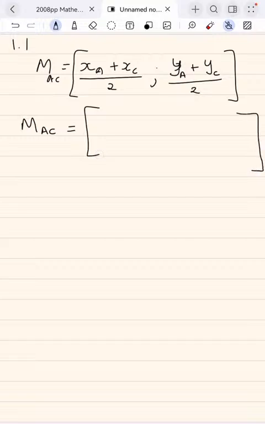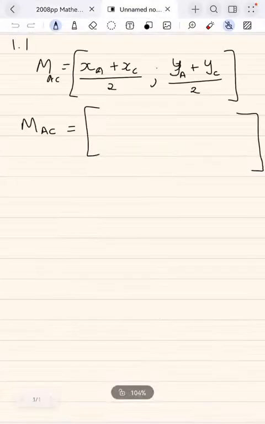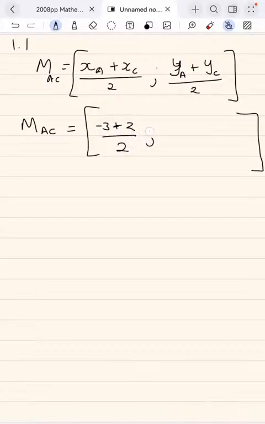Alright. We go back, we say, what are the coordinates of A? It's -3 and 0. The coordinates of C are 2 and -1. So for x it is -3 plus 2 divided by 2.